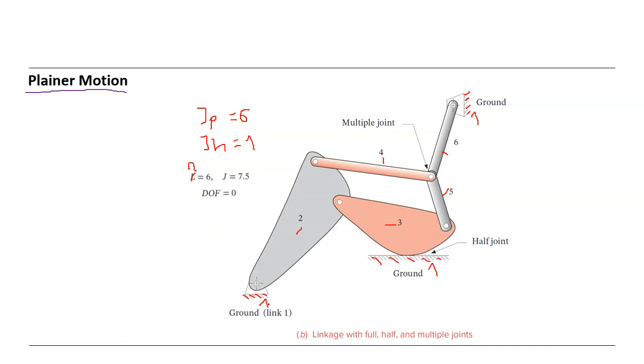So if we write the equations, here is joint higher order. F is equal 3 times, and bracket, the member is 6, 6 minus 1, minus 2 times 6, minus 1.